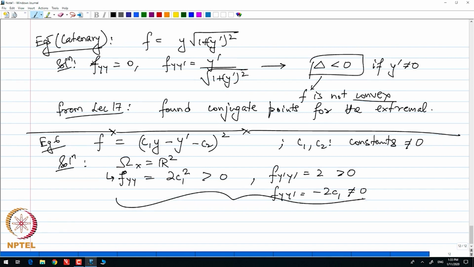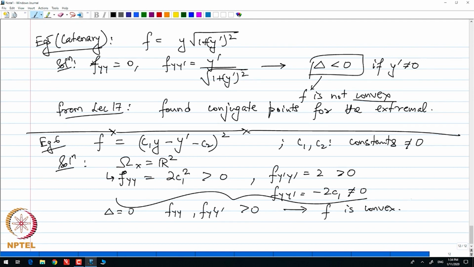From all these derivatives, I can conclude that my discriminant delta is 0, but f_yy and f_y'y' are positive, implying that f is convex. Okay. And further, since f is convex, the extremal of the fixed endpoint problem with this quantity f as the integrand is guaranteed to give me a minimal solution.